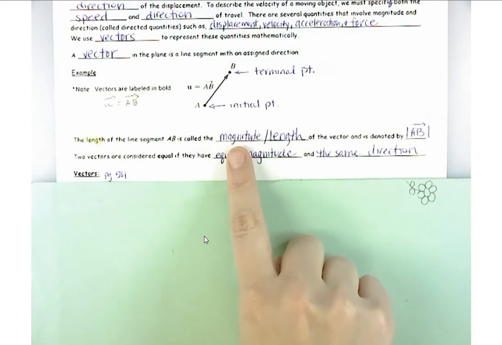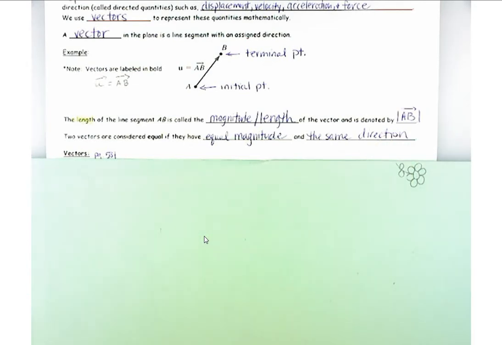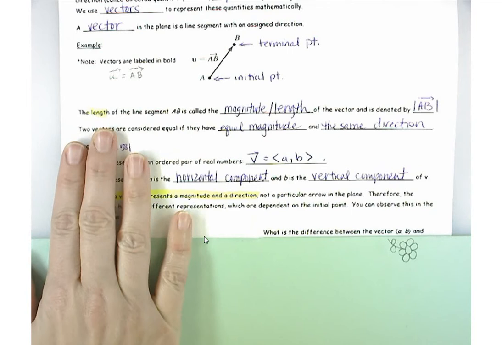The magnitude is going to be a formula that you are familiar with seeing, and we're going to get to that in a little bit. I'll give you time to write that one down, and then we're going to go over that as well.